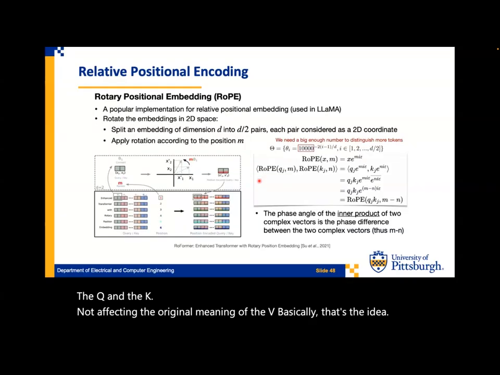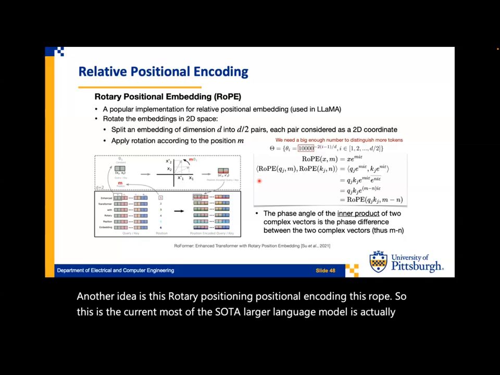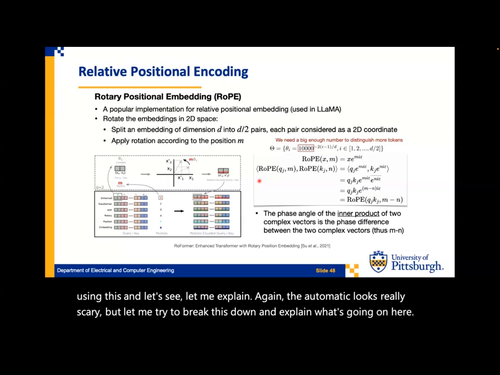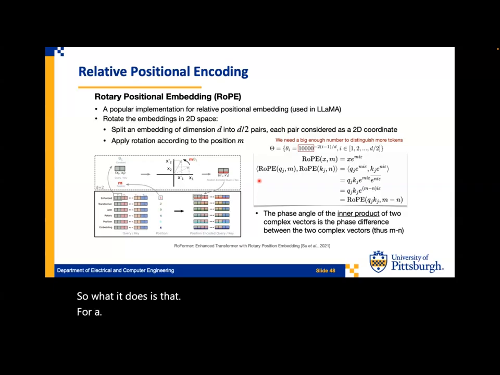Another idea is rotary positional encoding, RoPE. This is what most of the current SOTA large language models are using. Let me explain. All the math looks really scary, but let me try to break it down.